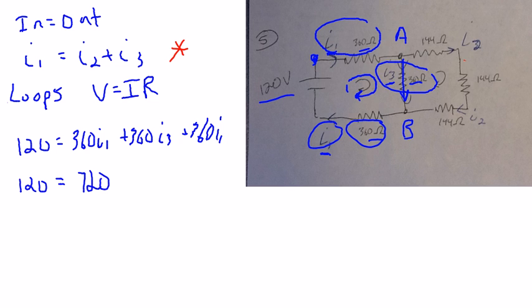And that's I1, so that's this term and this term, plus 360 I3. Make that look like a 3. There we go, a little better. Alright, so that becomes another equation to go along with this one.